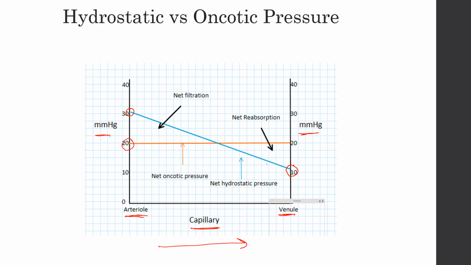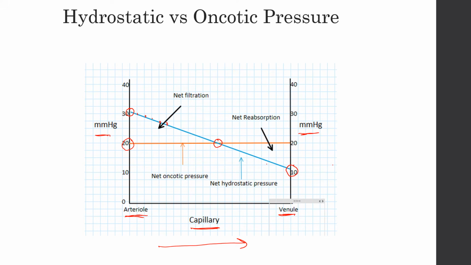Now, you'll also notice that if we look at the net hydrostatic pressure on the arterial side, at all points along the net hydrostatic pressure line, the pressures are greater than the net oncotic pressure. Meaning that the pushing pressure is greater than the oncotic pressure at all those points until we reach this point right here, where they're equal to one another and there will be no net movement.